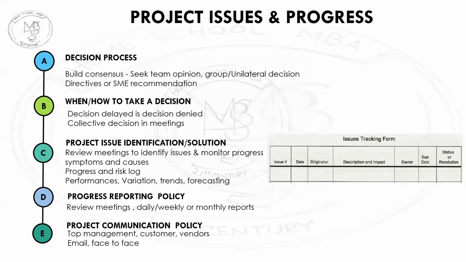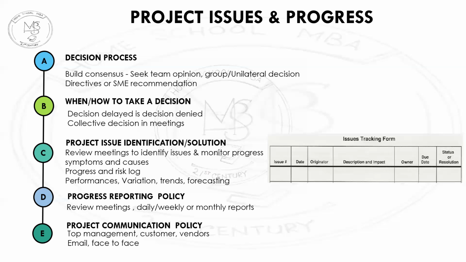Or sometimes the chief executives or the subject matter experts can give directives on how to go about it, because they are masters of the subject. So under the decision process, the keyword is build the consensus, so that the ownership of the decision is established and everybody feels that it is his or her decision.